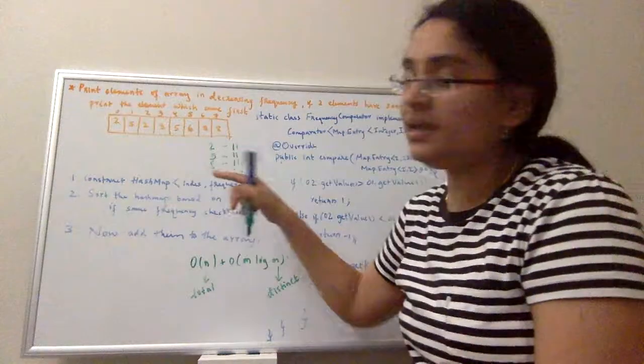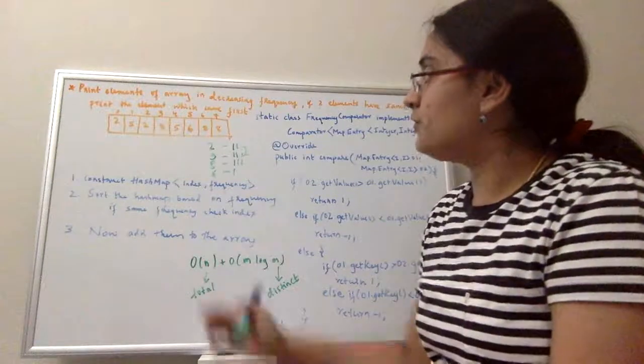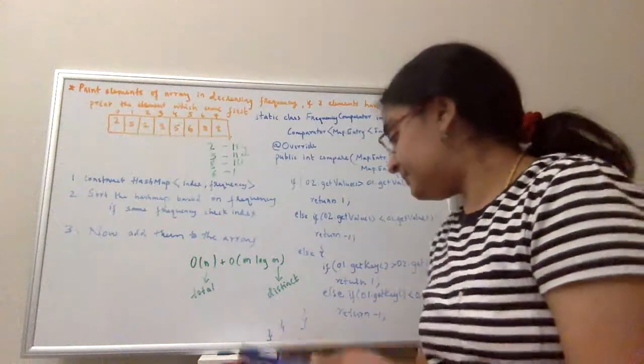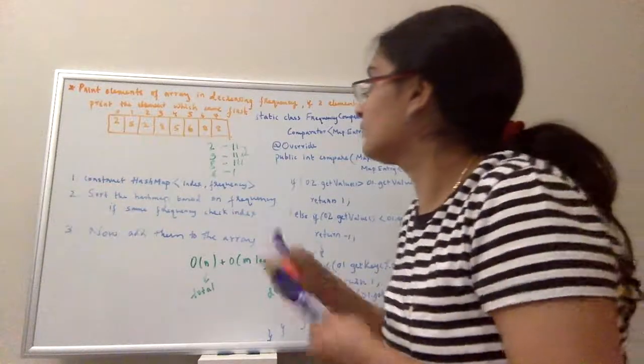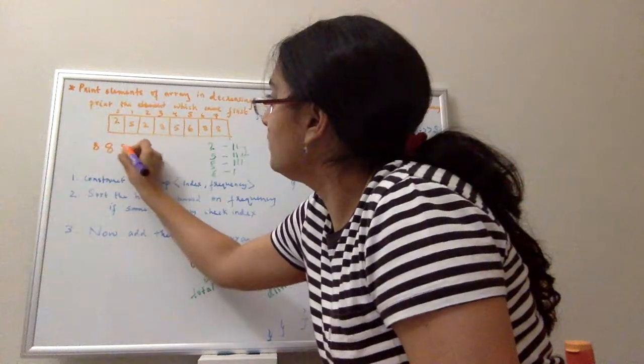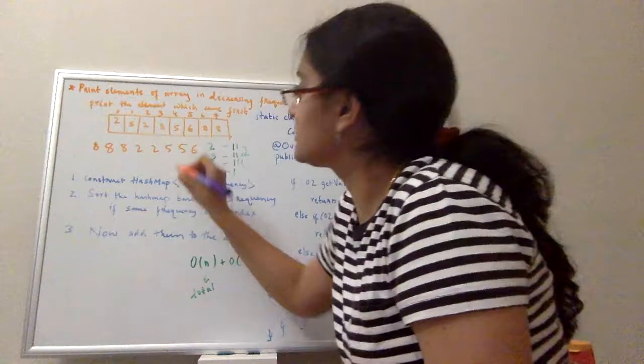So 2 should be displayed first when compared to 5. So the order in which this should be displayed is basically 8, 8, 8, 2, 2, 5, 5, 6.